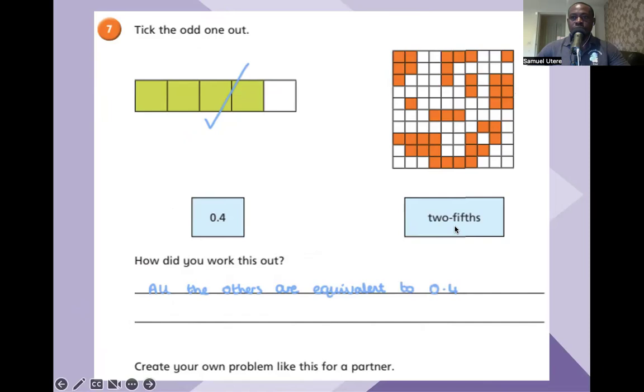A fifth is 20 hundredths, which is 0.2. So 2/5 is 0.4, the same thing. Here, when you count all of them, it's the same thing as 40 hundredths, which is 0.4. So that is the odd one out because that is 4/5, which is 80%.